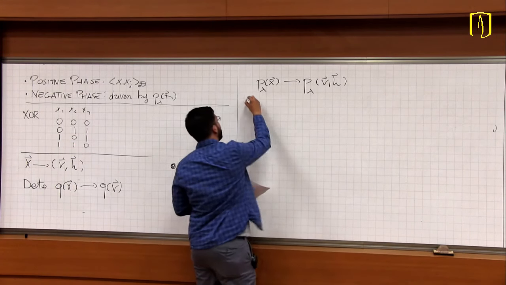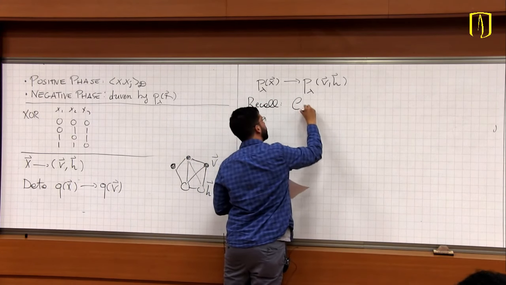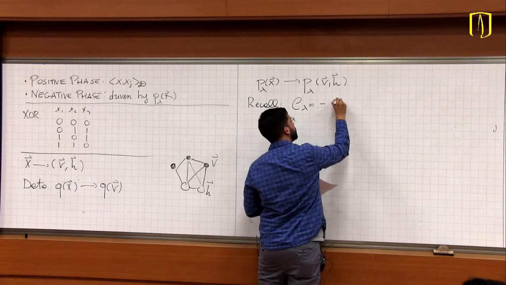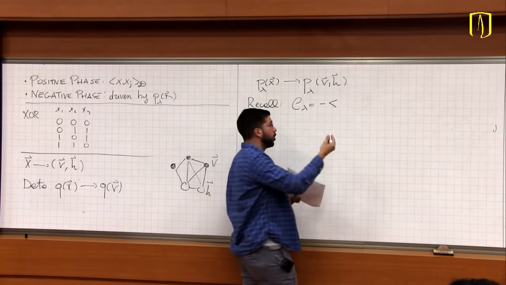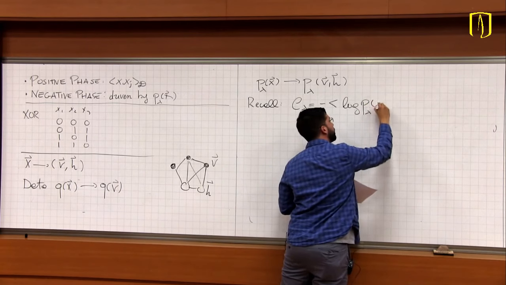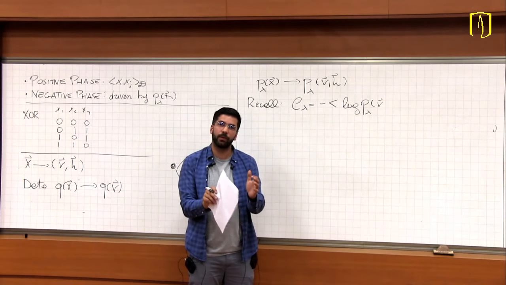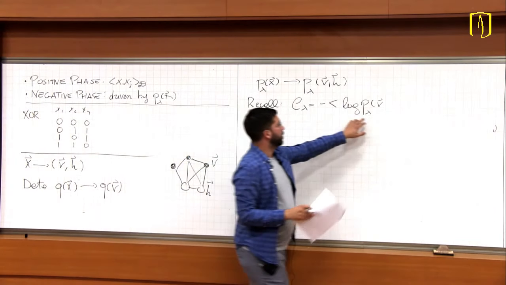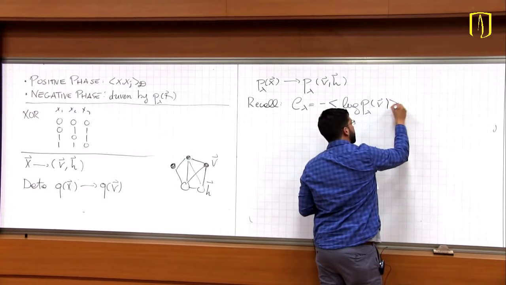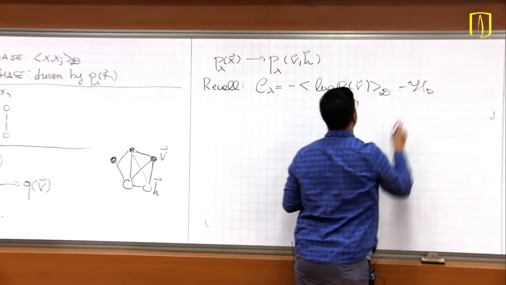But recall that our cost function is minus the average of our log probability. So we have the log of our model, but now this probability is defined only on the visible layer, right? So we want to make this probability close to the data, and then we have the cross entropy.